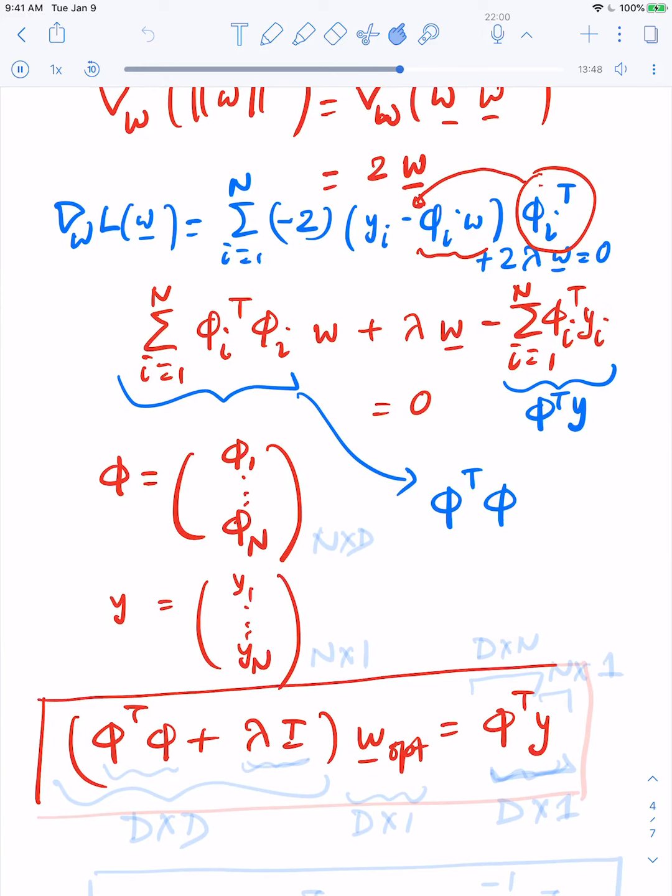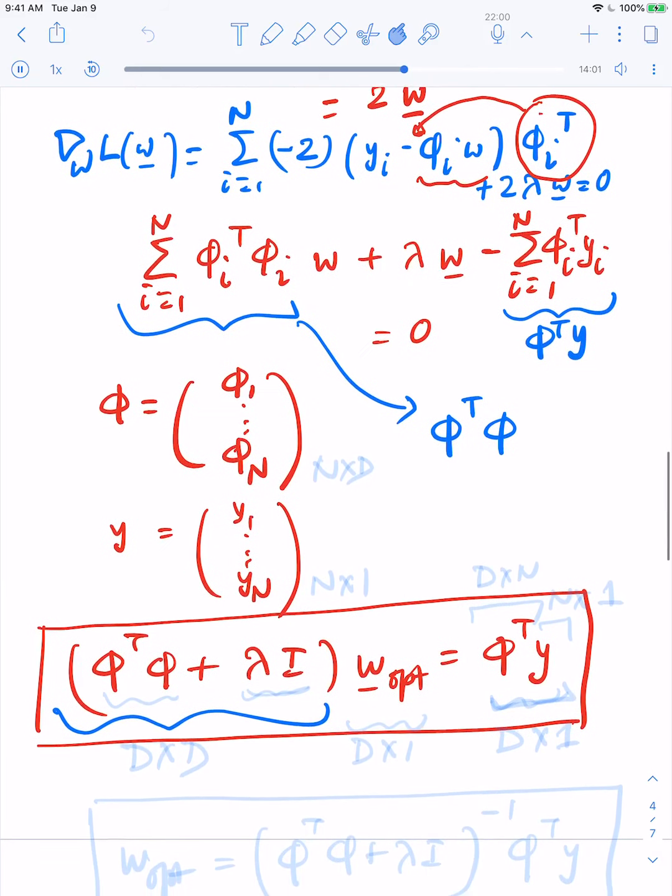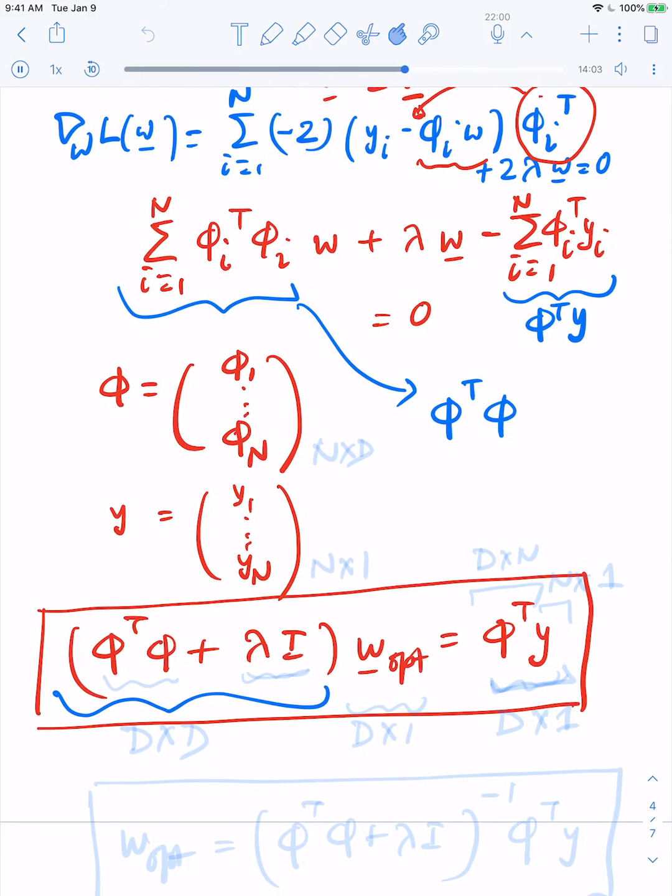You may or may not want to invert this matrix. You might just want to solve this set of equations. But basically, this term is correlating the labels against the feature vectors, essentially multiplying the ith feature vector with the ith label.